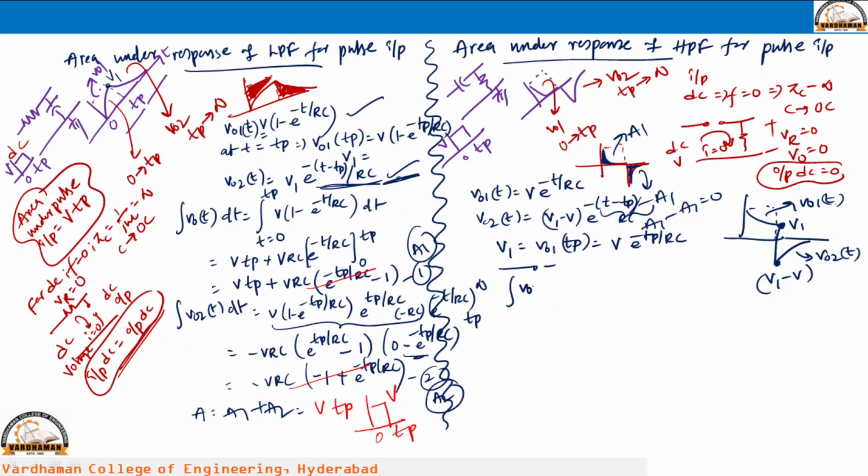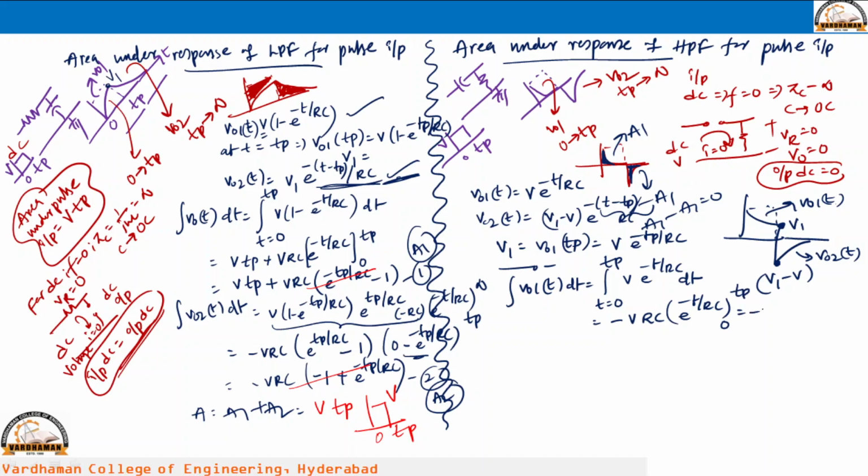So, the integral of V naught 1 of t dt is the integral from t equal to 0 to Tp. What we will get here? V times e power minus t by Rc dt. It is equal to minus V Rc, if you do the integration, e power minus t by Rc, limits 0 to Tp.